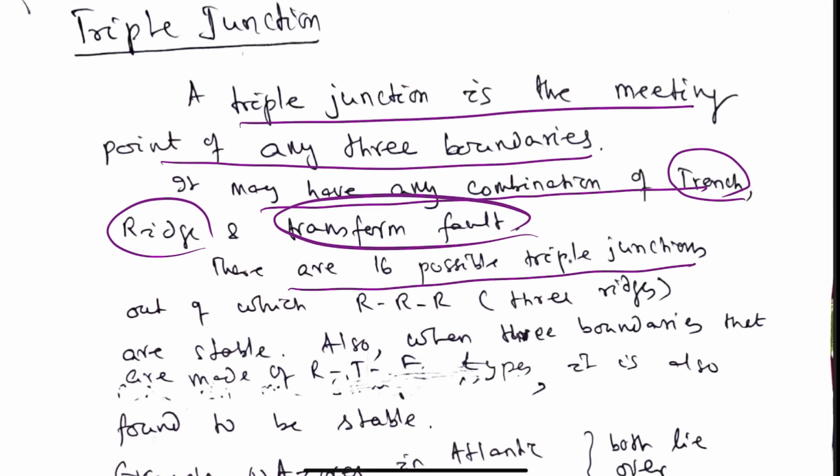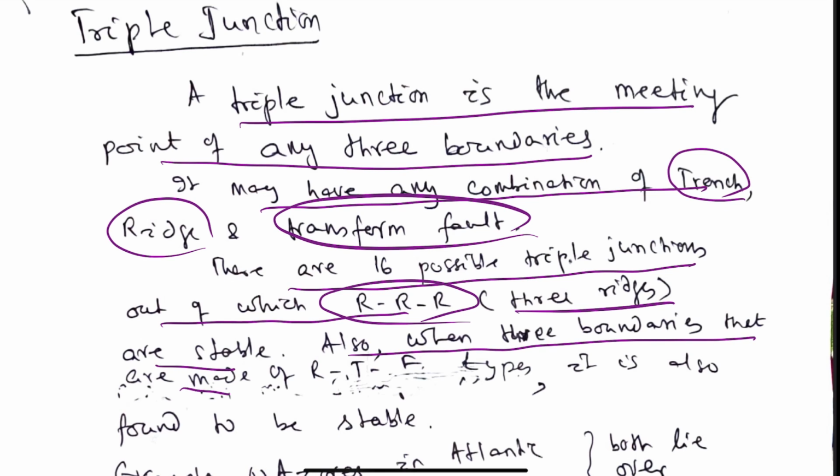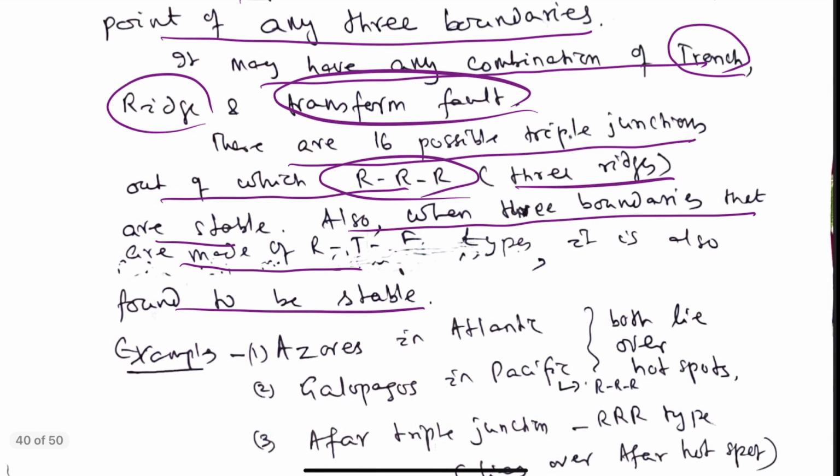There are 16 possible triple junctions, out of which the ridge triple junction, or the junction between three ridges, is stable. Also, when three boundaries are made of ridge, trench and transform fault, it may give rise to a stable junction. How the junction becomes stable, we will discuss.